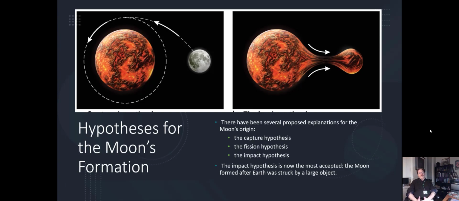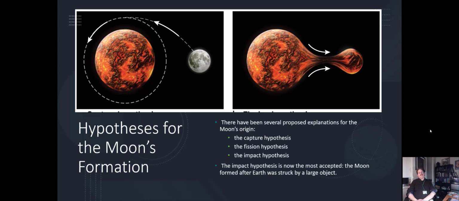Now, there are three hypotheses for where the moon came from. As I mentioned in the last lecture, the Earth-Moon system is fairly unique, and a significant reason is that the ratio of mass between the moon and the Earth is larger than in any other situation in the solar system.